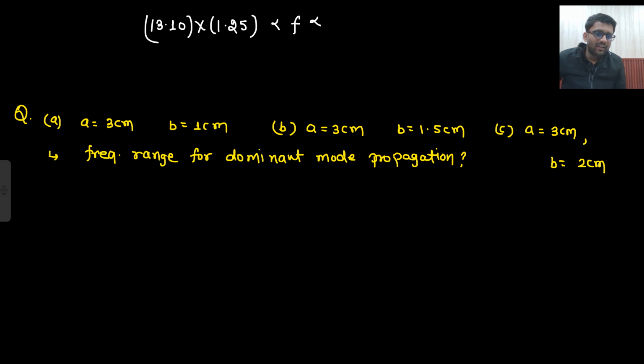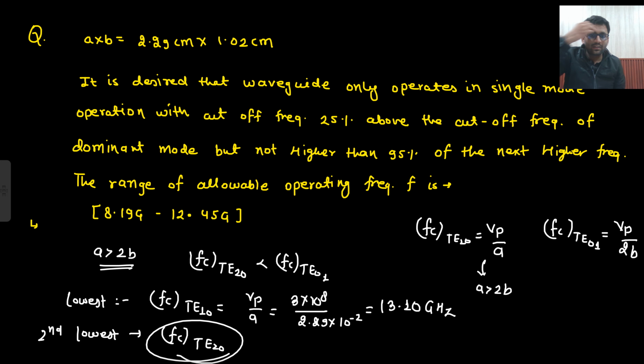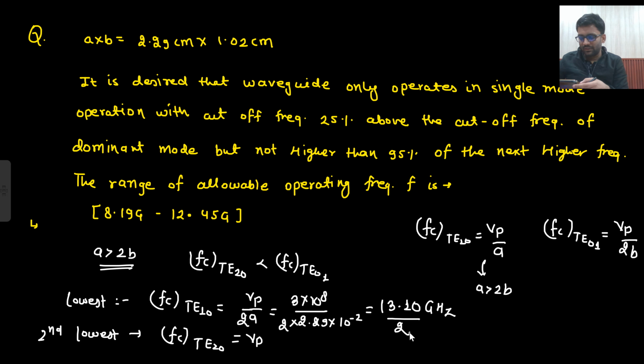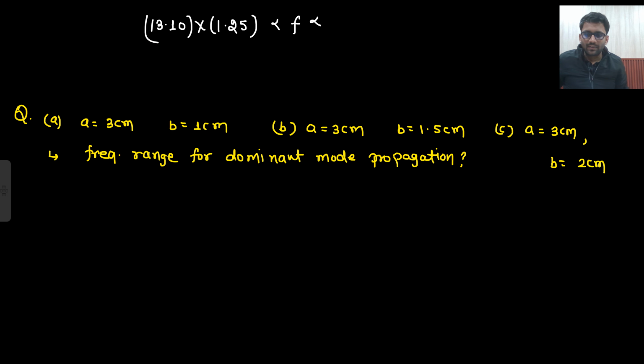Sorry, the dominant mode was Vp by 2a actually, not Vp by a, so divided by 2 will also be there. So 6.55 gigahertz.